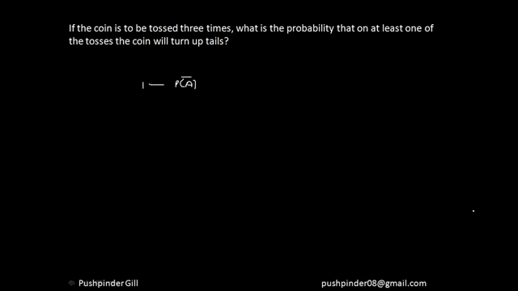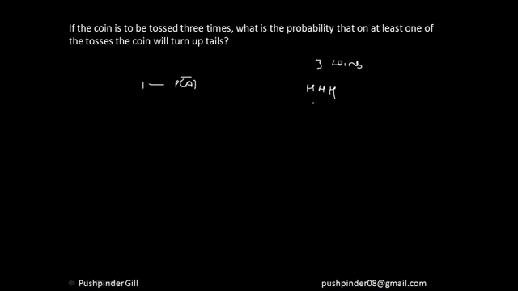Okay, all right. So let me just list those cases for you. So I'm tossing 3 coins here, right? So the only case in which at least one tail does not come is I get 3 heads. Apart from that, each case is going to have at least 1 tail.